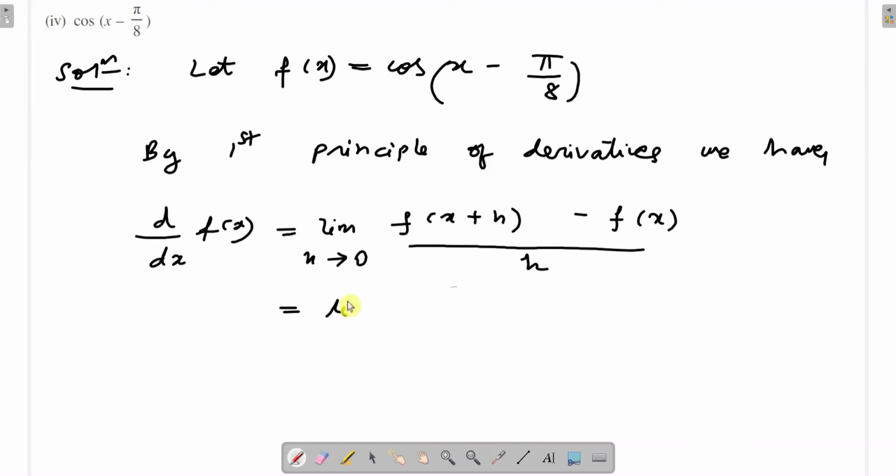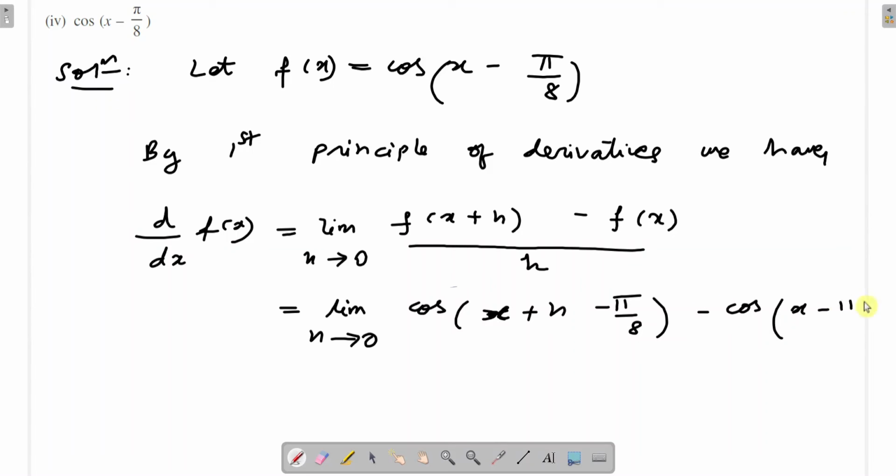So this will be equal to limit h tends to 0 of cos of x should be replaced by x plus h, so cos(x plus h minus pi by 8) minus cos(x minus pi by 8), divided by h.